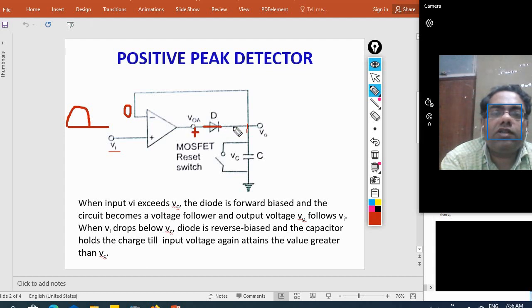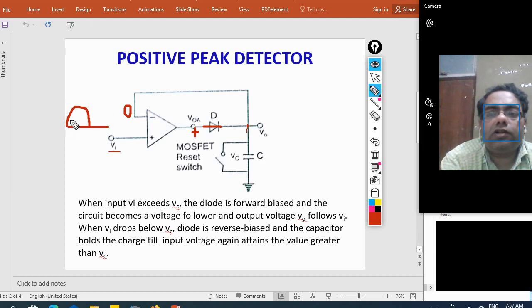So there is a full connection to this output. The output of the op-amp is connected to this output, and then this circuit just behaves like a voltage follower. That means whatever positive voltage I am giving here, I am getting as this output voltage.